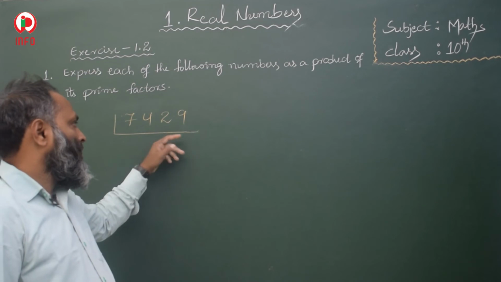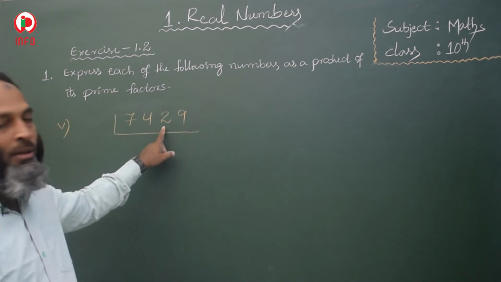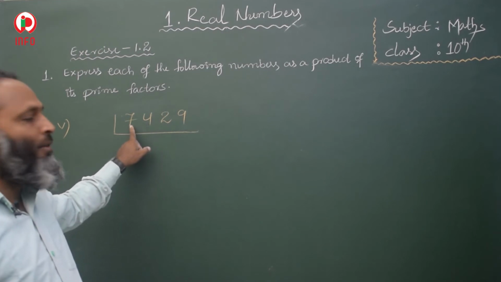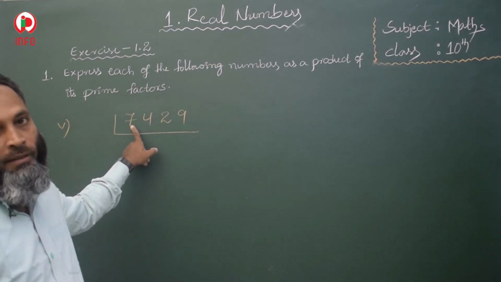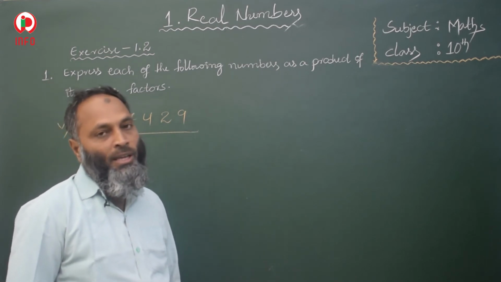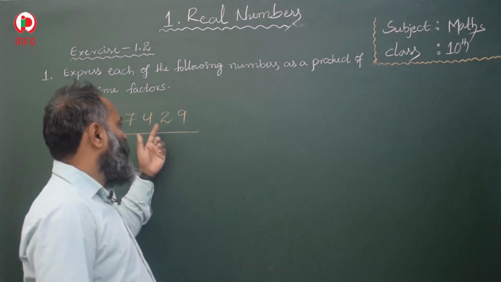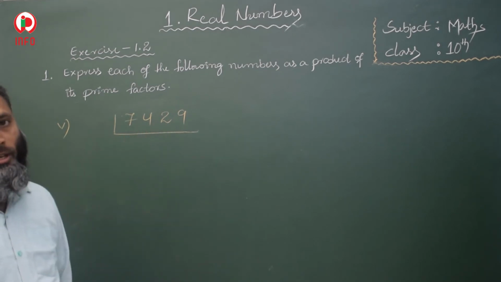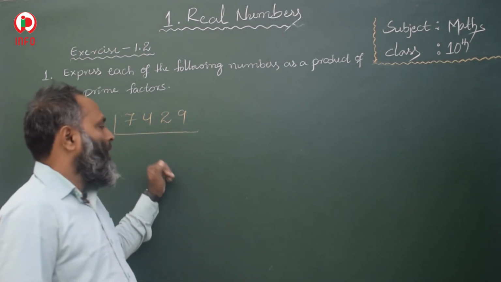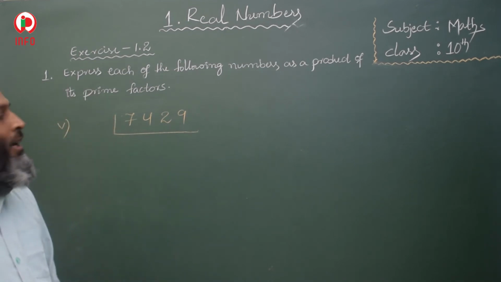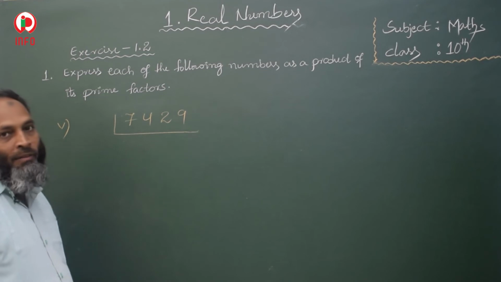Then with 3, the sum of the digits: 9 plus 2 is 11, 11 plus 4 is 15, 15 plus 7 is 22. 22 is not divisible by 3, so the number is also not divisible by 3. Then it won't divide with 7, with 11, or with 13.